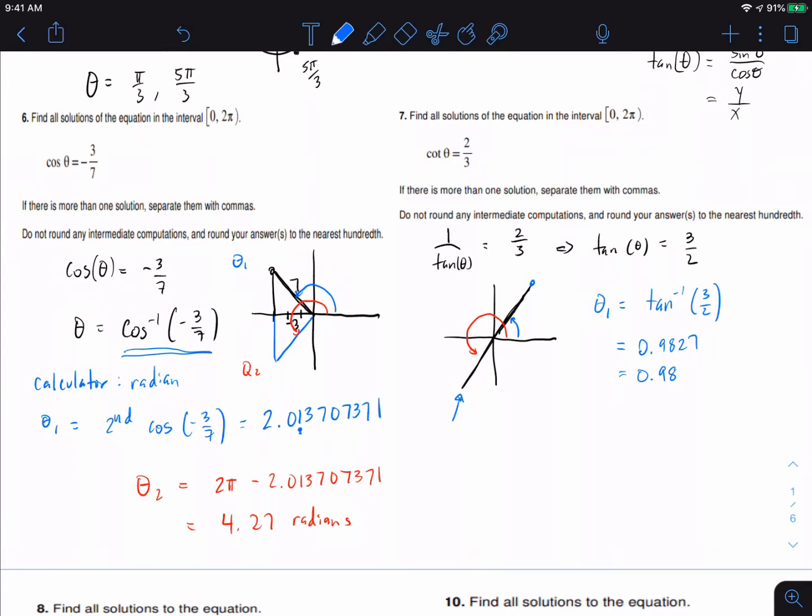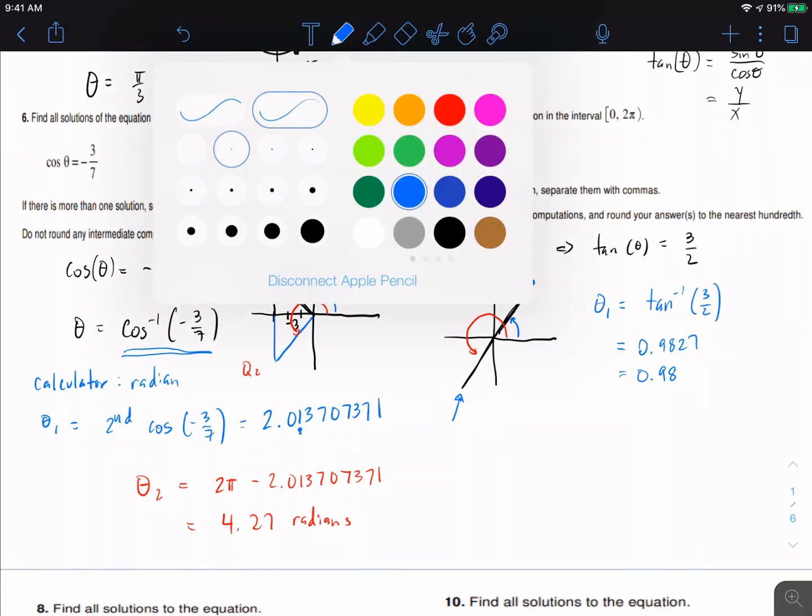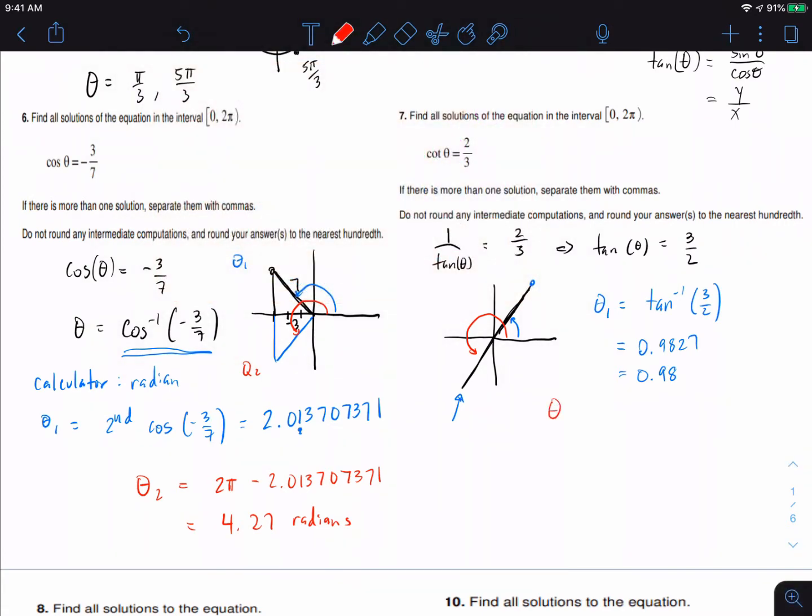Right? Since it's half of a circle rotation, isn't that just going to be adding pi? So since I'm just going to be adding pi, to get the second angle, I'm going to go theta 2 is equal to theta 1 plus a half circle rotation.